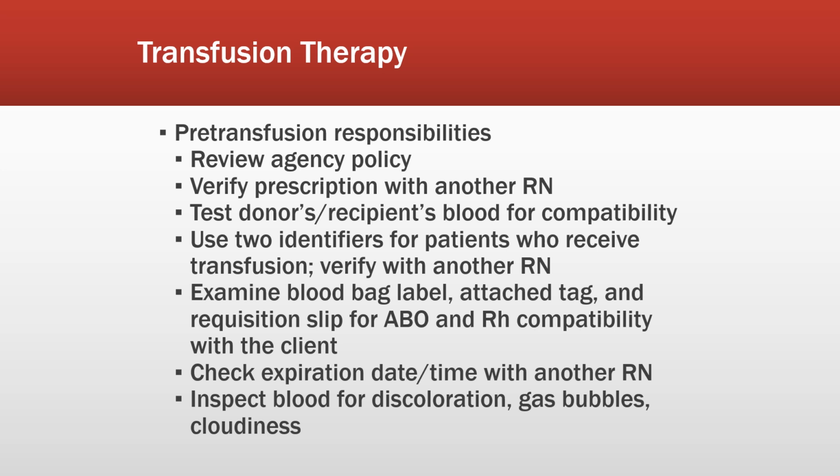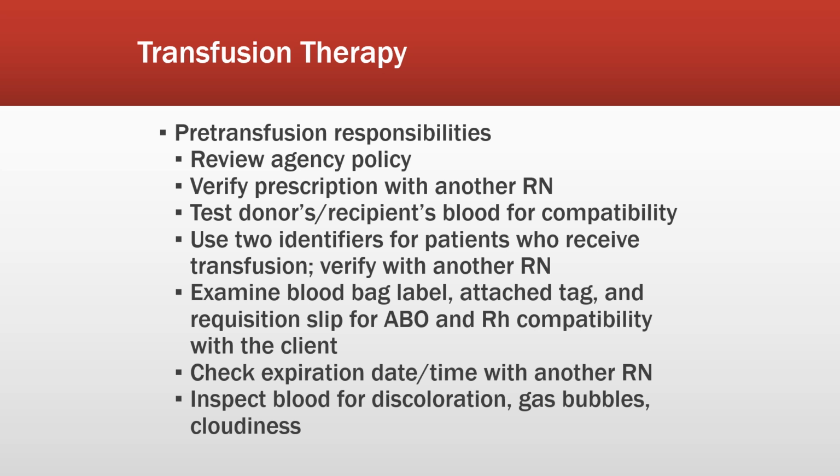And then when it's type and cross, the blood bank will say, hey, we have blood ready for so-and-so. You're going to verify the order with another RN and pick up the blood, or at least that's been my experience.